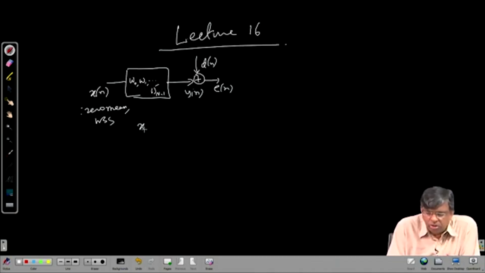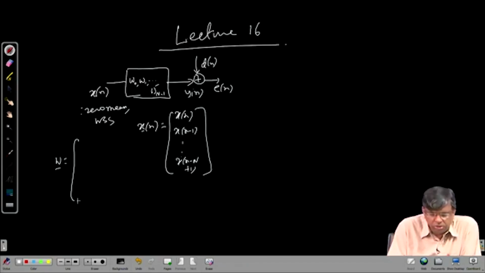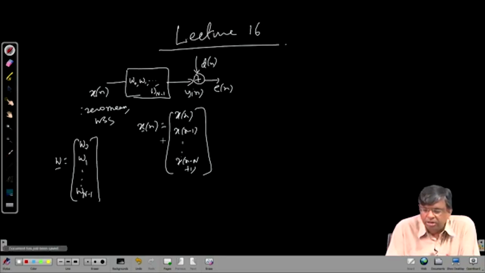Again I write down our vectors and all that. These are all old stuff, I am just rewriting for our convenience. This is a filter coefficient vector or filter weight vector, input data vector.